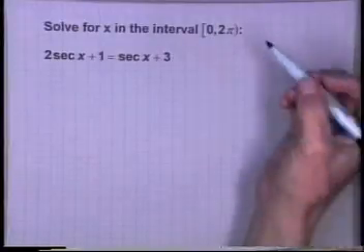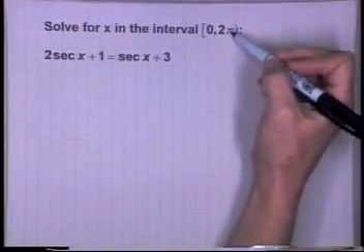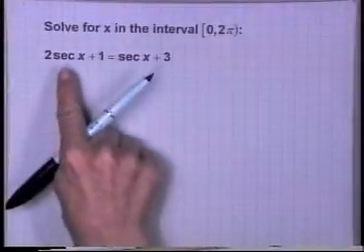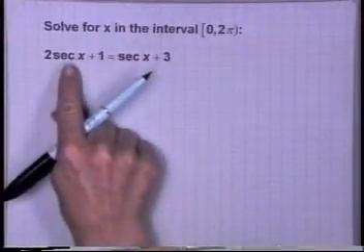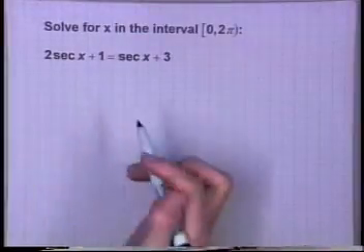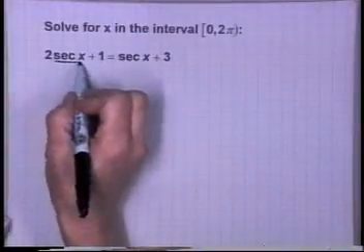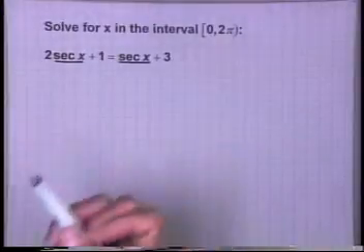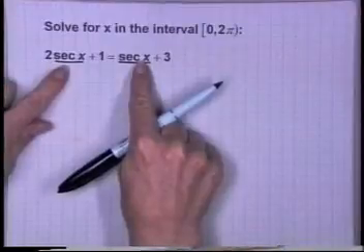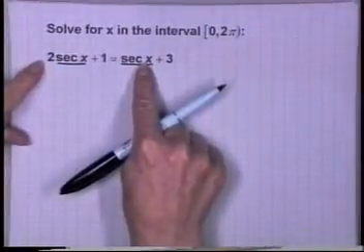Here again, we're to solve for x in the interval 0 to 2 pi, including 0 but not 2 pi. Again, inspect your equation. Notice that the only trig function I have is secant x. So in the beginning, I'm treating this secant x sort of like my variable would be treated in algebra. I have these terms that are alike, so I want to get them on the same side of the equation.